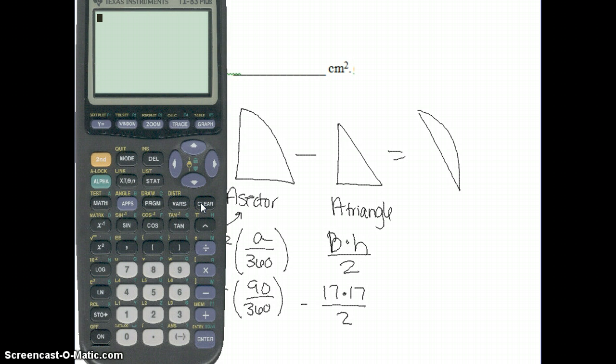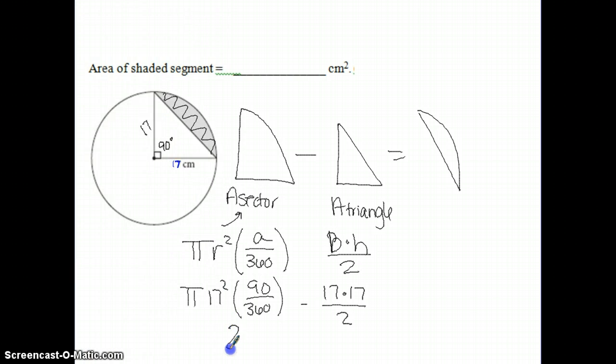So we'll start first with pi 17 squared times 90 over 360. We get 226.9. So let's write that down.